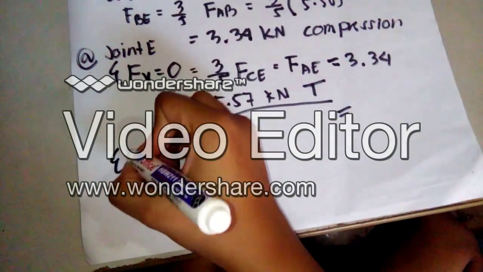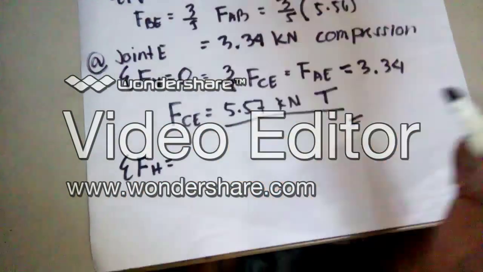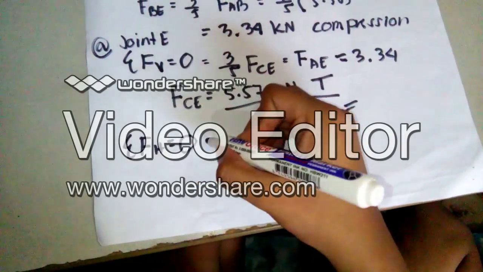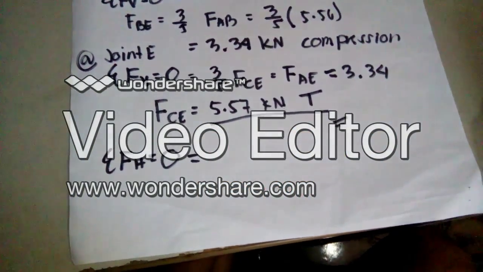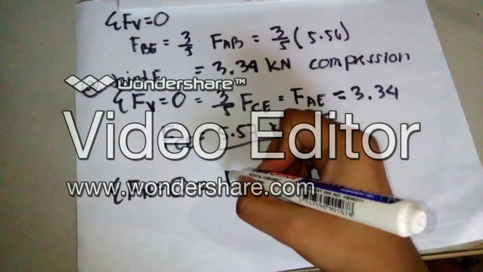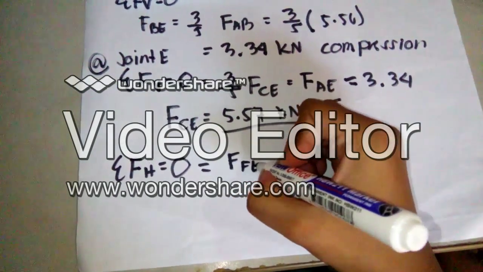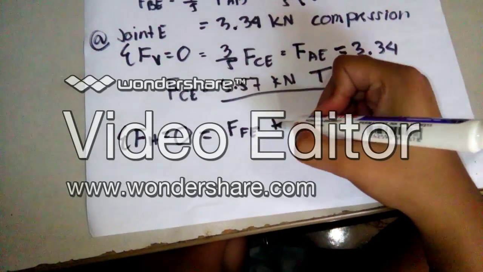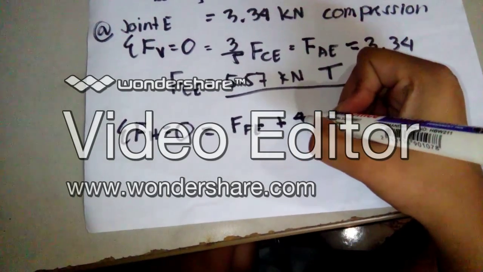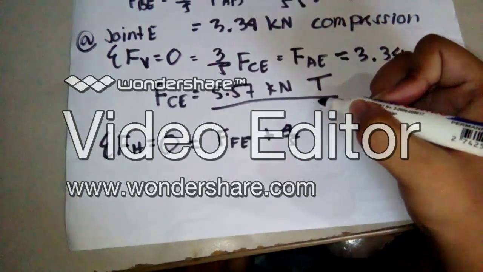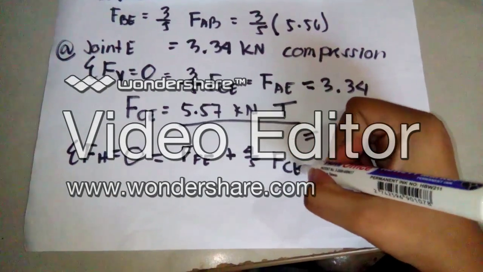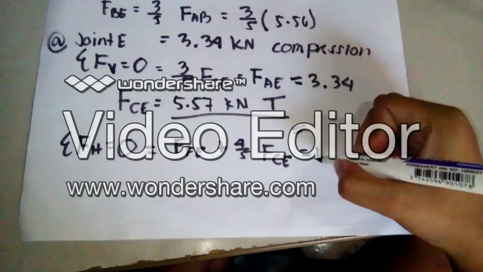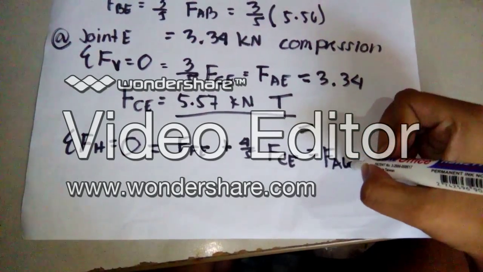The summation of force in the horizontal is also equal to 0, which gives force in FE plus 4/5 force in CE is equal to force in AE.